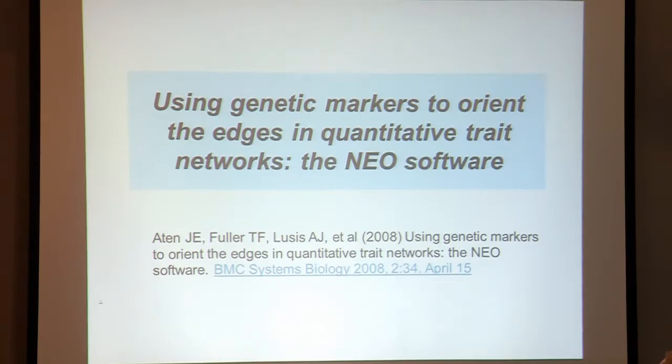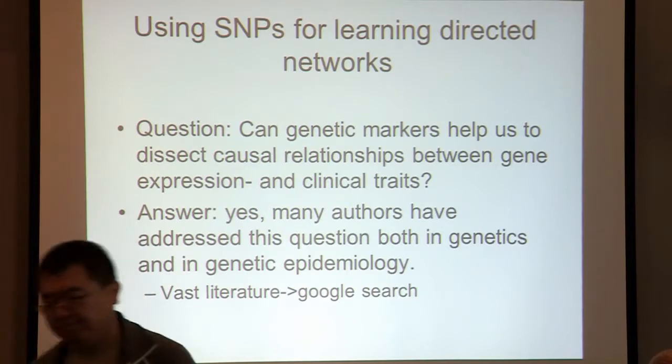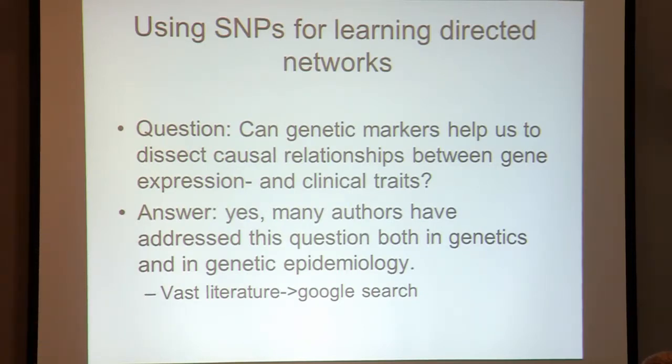So what about this network edge orienting software? It uses the basic idea that SNPs can be used for learning directed networks, and there has been a vast literature on that topic.